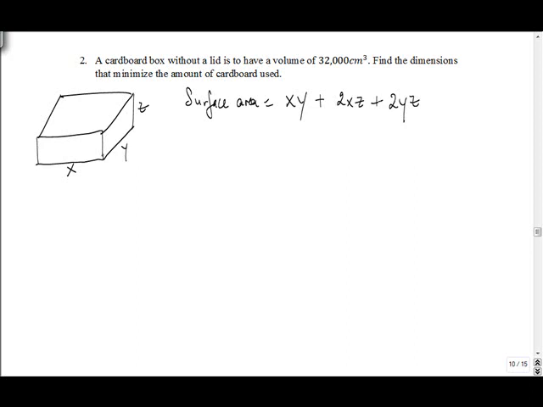But that's what we have to minimize, but again it has three variables. So we need to put it in terms of X and Y, so again we need to make a substitution. In the question, the box has a volume of 32,000, right? So that tells us that X, Y, Z is 32,000, which means that Z is 32,000 over XY.